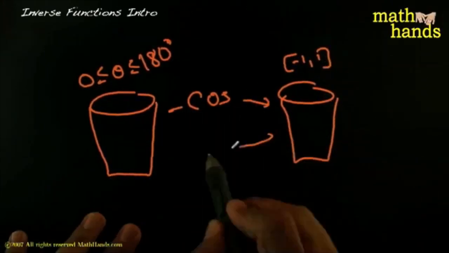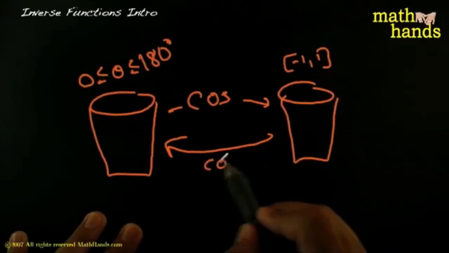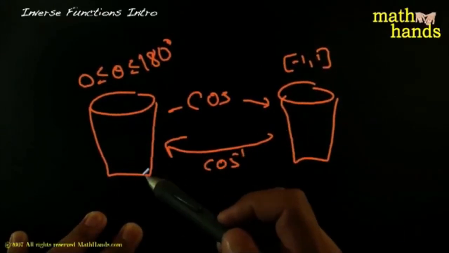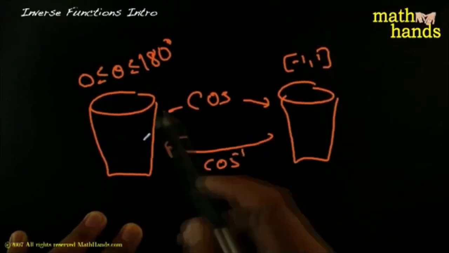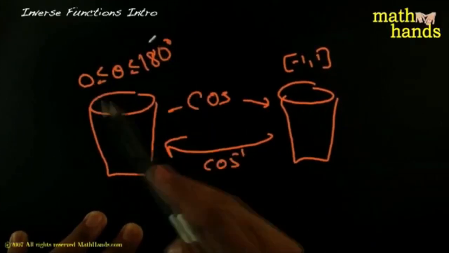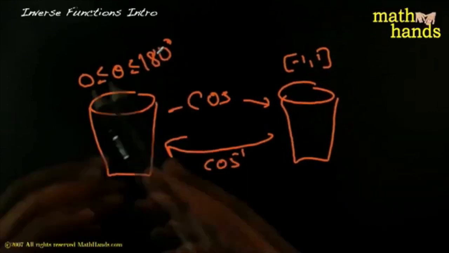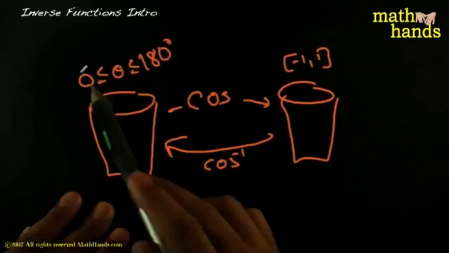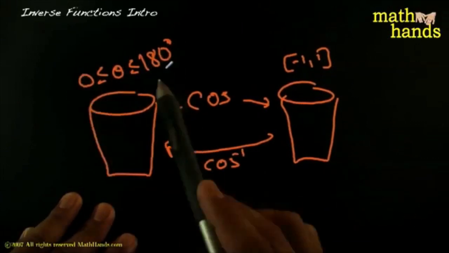This is the cosine function. So the cosine inverse function will work nicely here, where you only have one choice to go back to. This is the way most calculators are programmed. Out of all the millions of possible angles that give you the same ratio, they give you the angle that fits right between 0 and 180 degrees.